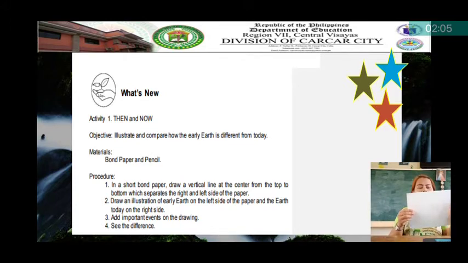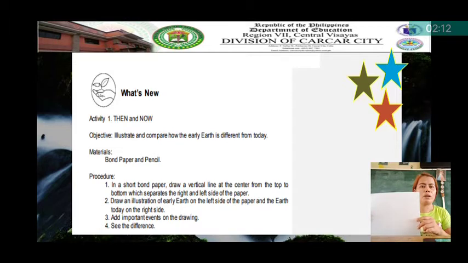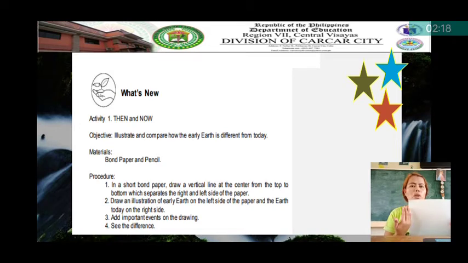This part is the right, and this part is the left side. Draw an illustration of the early Earth on the left side. And on the right side is the Earth of today.